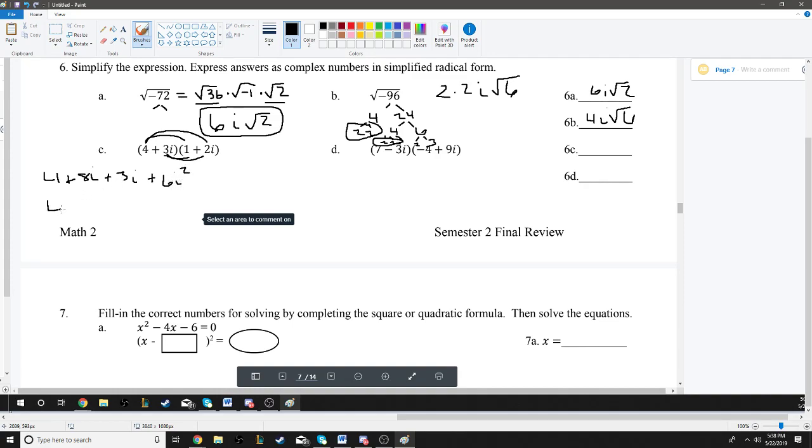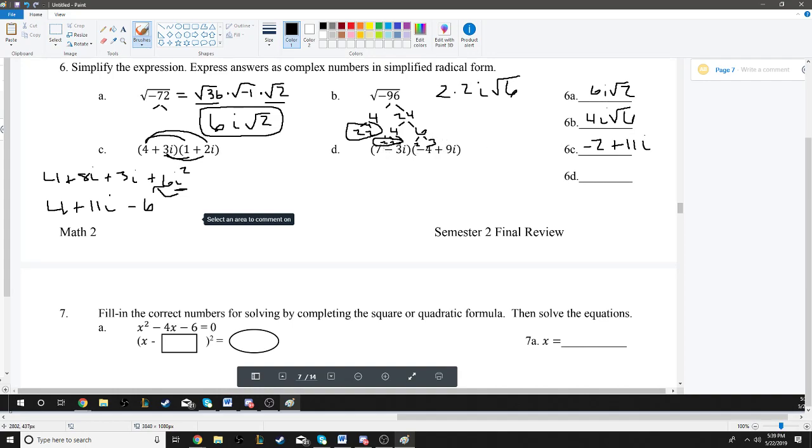So we have 4, 8i plus 3i, that's 11i. However, you need to know that i squared is negative 1. So this now becomes a negative 6. Whenever you have an i squared, it changes the sign in front. So this final answer is negative 2 plus 11i.